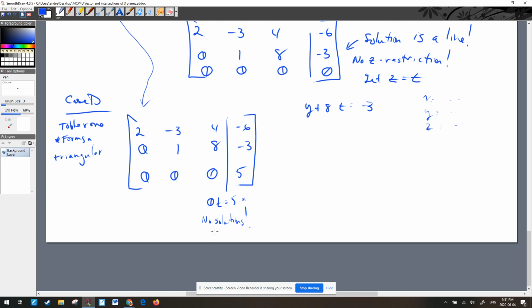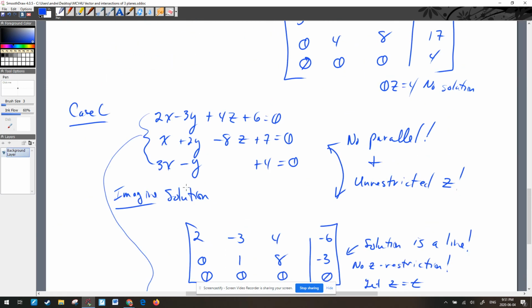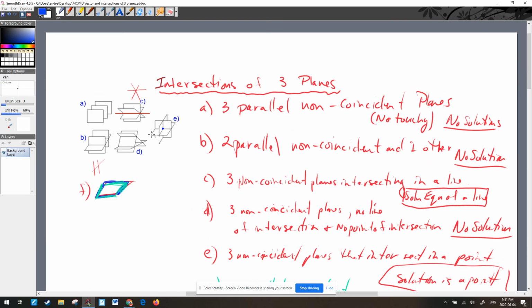The only way that you can have three non-parallel planes with no solutions is the Toblerone case. It's the only case. This has no solutions, they're parallel. This has no solutions, they're parallel. These are not parallel, but it has a solution. These are not parallel, but it has a solution. These are not parallel, has no solution.